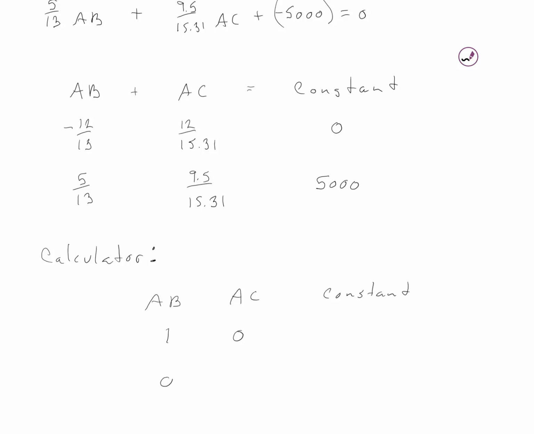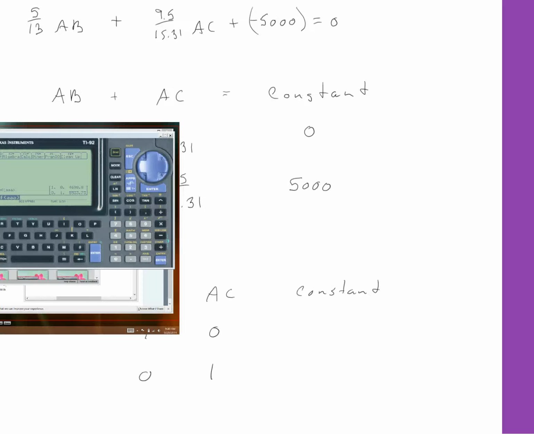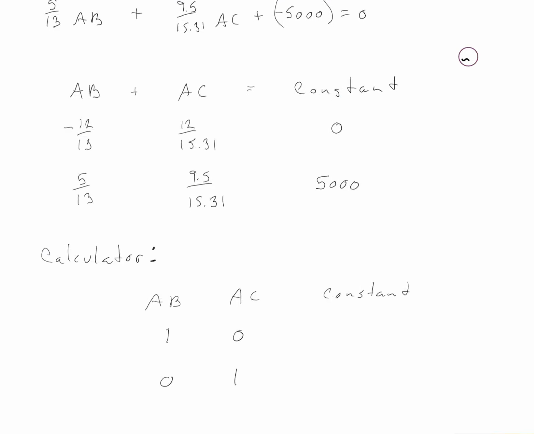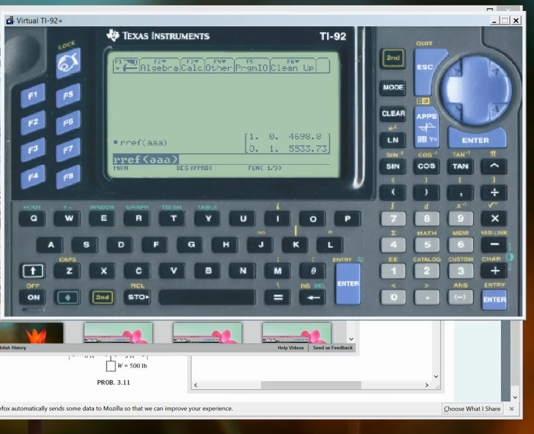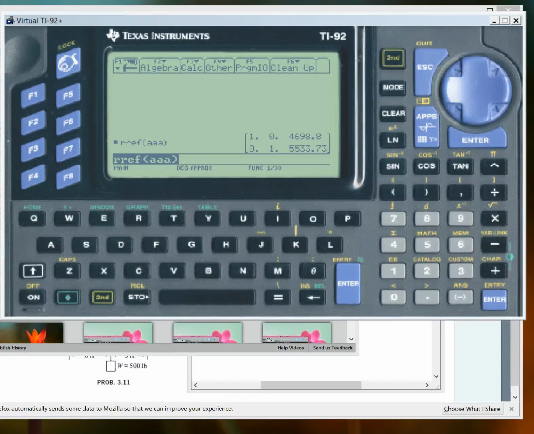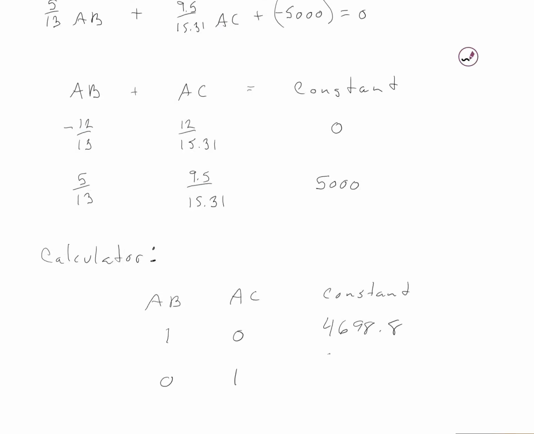Calculator gives me 1001, and then those numbers 4698.8, and then now 5,000 something, 5533.73.